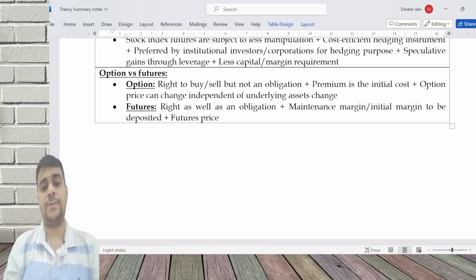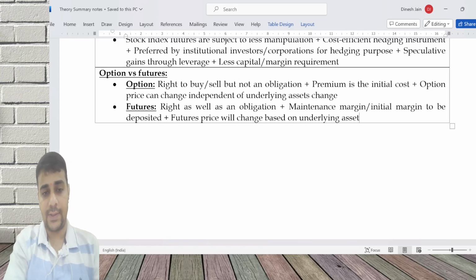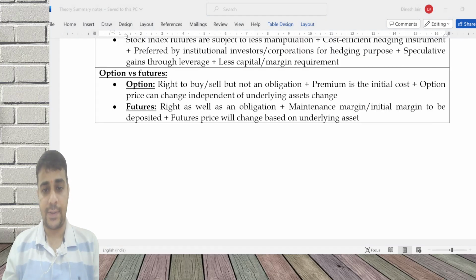Futures price will change based on underlying asset.